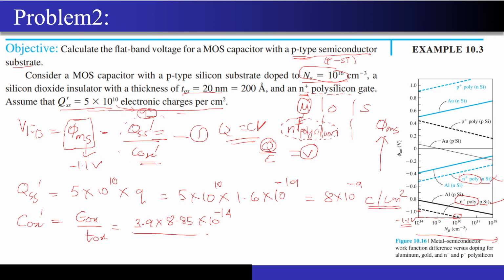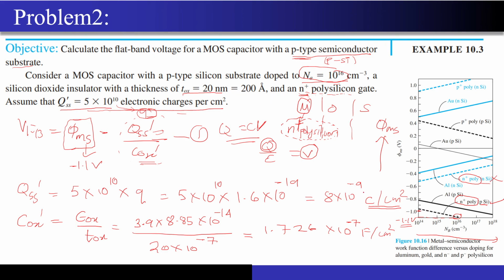The thickness given to me is 20 nanometer, but we have to convert everything into centimeters, so I multiply by 10 to the power minus 7. If you calculate this Cox dash, the value comes out to be around 1.726 into 10 to the power minus 7 farad per centimeter square.